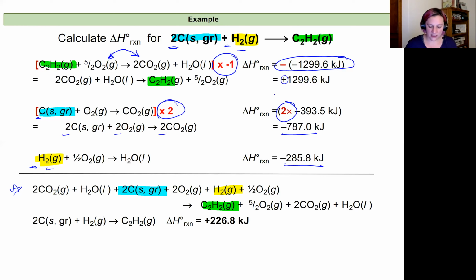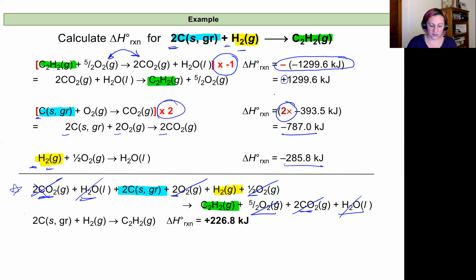Looking at this, I've got 2 carbon dioxide on my reactant side and my product side, so I can get rid of those. Great. I have a water on my reactant side and a water on my product side. I can get rid of those too. I have 2 oxygen and a half of an oxygen, so that's going to be 2.5 oxygen or 5/2. And I have a 5/2 oxygen on my product side. So I can get rid of all of those oxygens, and everything cancels out except the carbon, hydrogen, and C2H2.